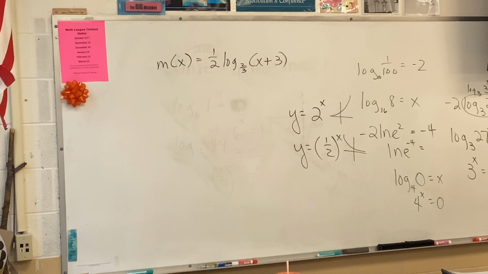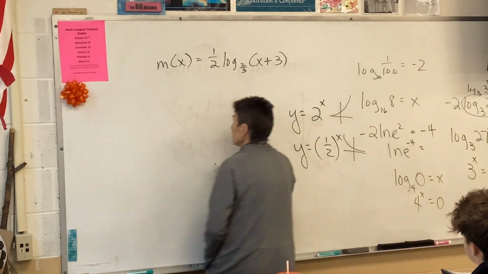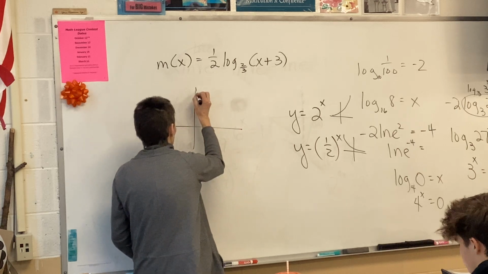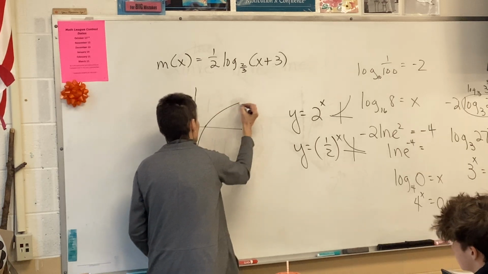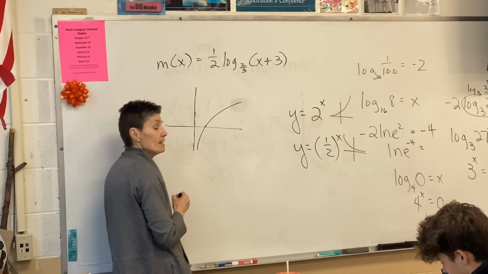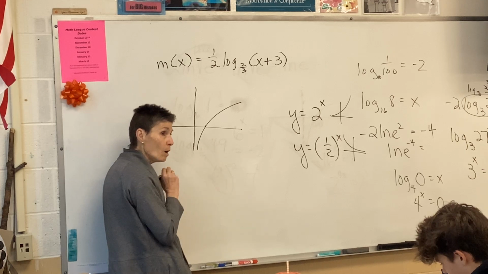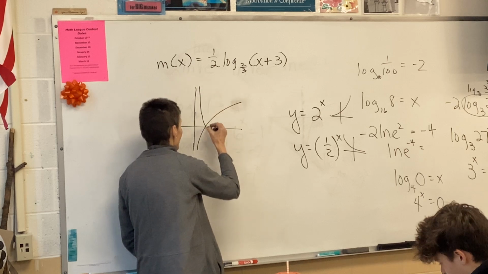So if I make the base less than 1 in an exponent, and it reflects it across y, what's going to happen when I make the base less than 1 in a logarithm? Reflect it across x. So a normal logarithm, we know, looks like this. If the base is less than 1, it's going to look like this.